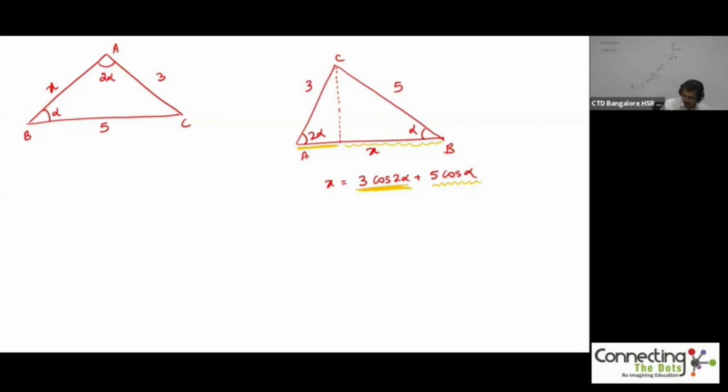We've taken the two right angle triangles and applied, this is not any rule really, it's just trigonometric ratios. Then you can solve for x because we know cos alpha. From cos alpha, you know cos 2 alpha, so you can solve for x. So that is one approach. Is that all right? Then we will go to the cosine rule.